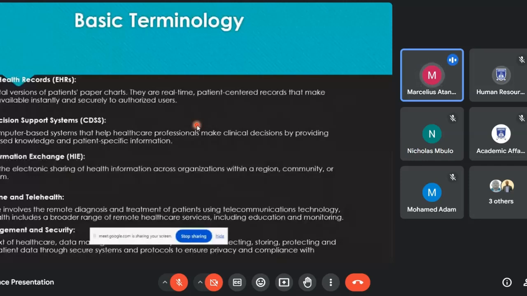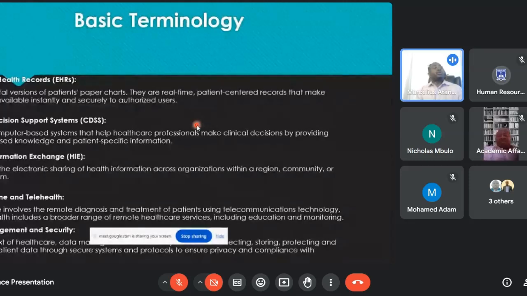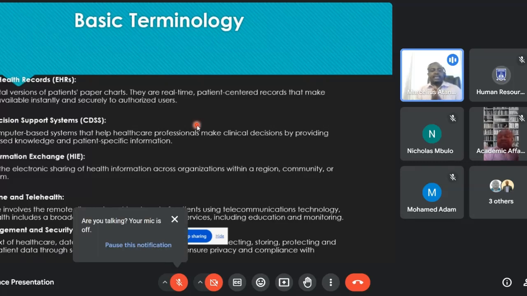So they have been authorized by the state or the country to be able to consult you online, give you prescription, and so on. All this falls under telemedicine and telehealth.